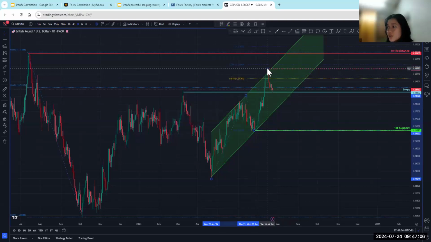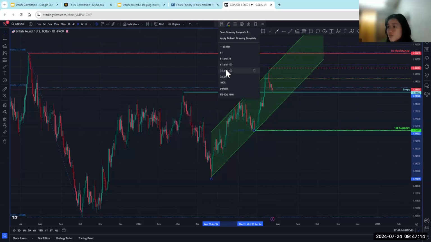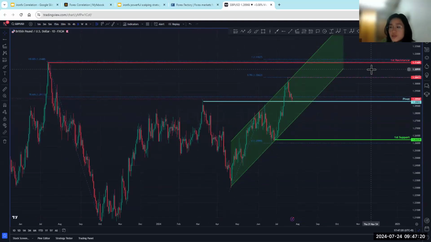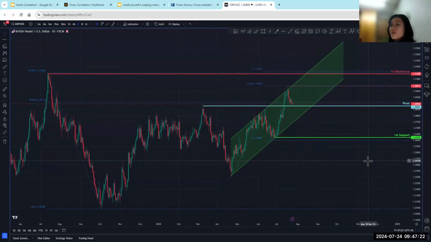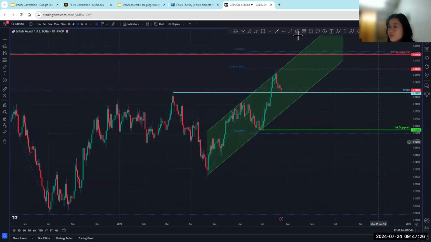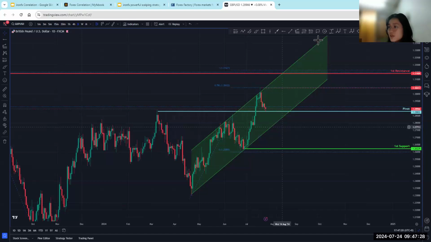You can see that 78.6 lining up nicely with that level, and my 100% as well. For Fibonacci, your levels don't have to line up exactly with the horizontal levels because, as I mentioned, we're looking for confluence areas instead of specific levels. As long as it's near it, that's good enough.